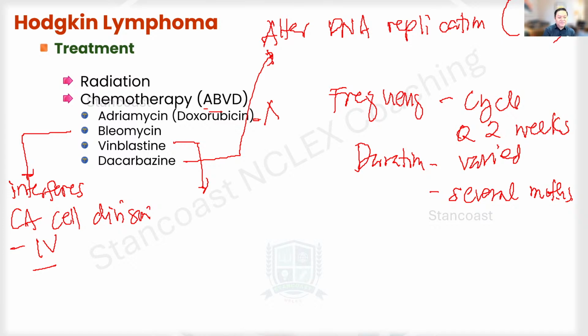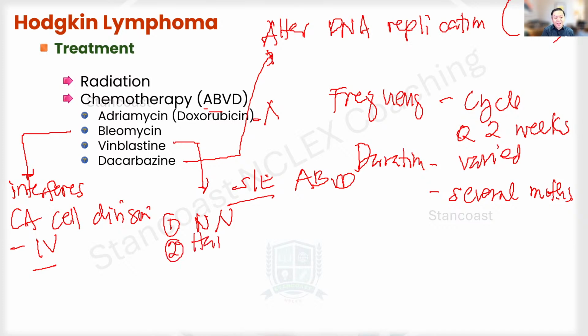The side effects in general for all the ABVD. So here we have the nausea, the vomiting. There's also hair loss, just similar to the other anti-neoplastic agents. The patient will also have fatigue, and there is also going to be increased susceptibility to infections.